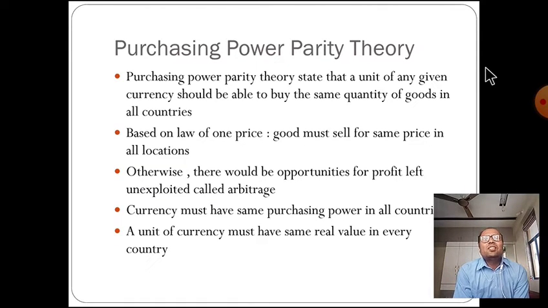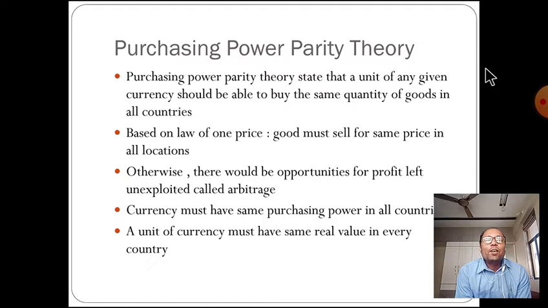This theory is based on the law of one price. It means a good must be sold for the same price at all locations irrespective of the currencies. So continuing with the same example which we discussed in the case of the real exchange rate, if the price of the product in the local market is 200 and in the US market it is $2.5, what does it mean? $2.5 into 80 rupees comes to 200 rupees.